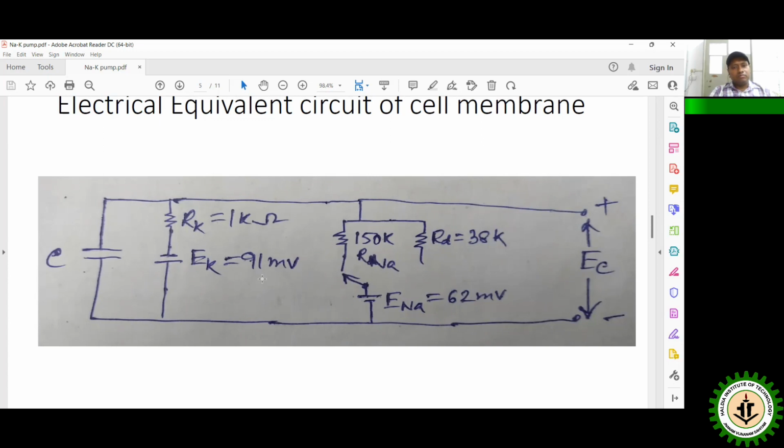Ek is a battery arrangement, a DC power source, of 91 millivolt. Similarly, there is RNa whose value is 150 kilo ohm. Rd is 38 kilo ohm, and ENa is another DC power source whose value is 62 millivolt. Over here a voltage drop is generated, which I have written as EC. The polarity I have given is positive and negative.